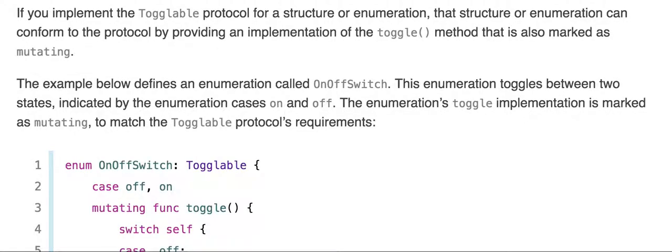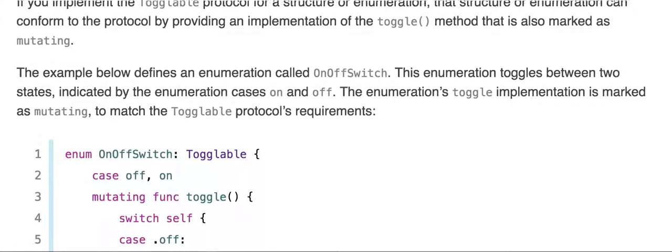And if you implement the Togglable protocol for a structure or enumeration, that structure or enumeration can conform to the protocol by providing an implementation of the toggle method that is also marked as mutating. The example below defines an enumeration called OnOffSwitch, and this enumeration toggles between two states, on and off. The enumeration's toggle implementation is marked as mutating to match the Togglable protocol's requirements.